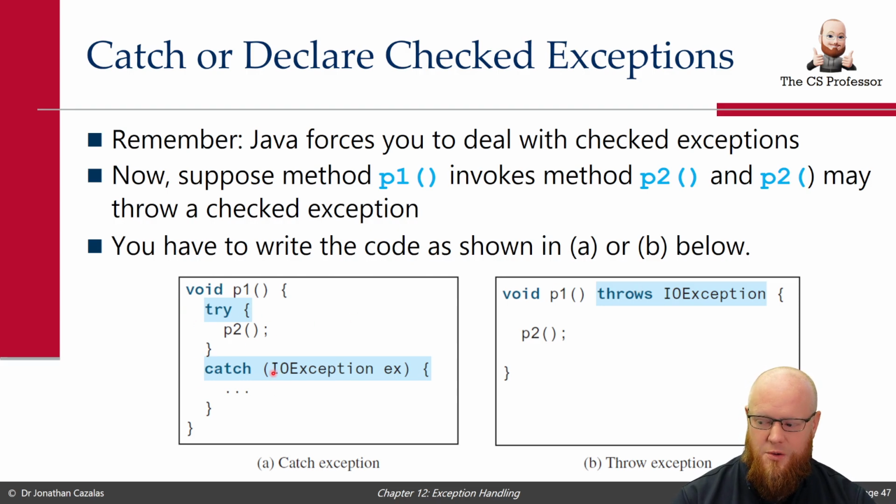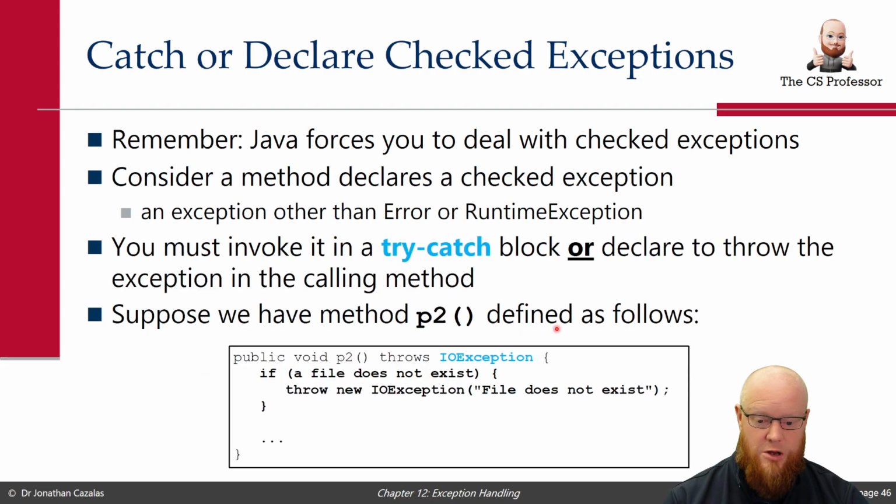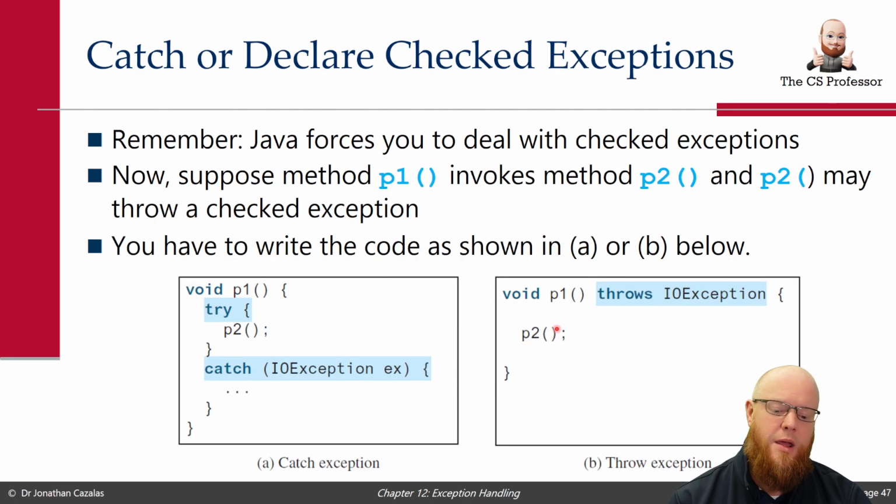So here we're dealing with it. But in this example, if you're P1 and you call P2, and remember, P2 is maybe going to throw this checked exception, here you're saying, I'm not going to deal with it with this try-catch over here. Instead, I'm just going to throw it to whoever called me. Both of these are valid. It's not that one's wrong and one is right. Here you're catching that exception and dealing with it.